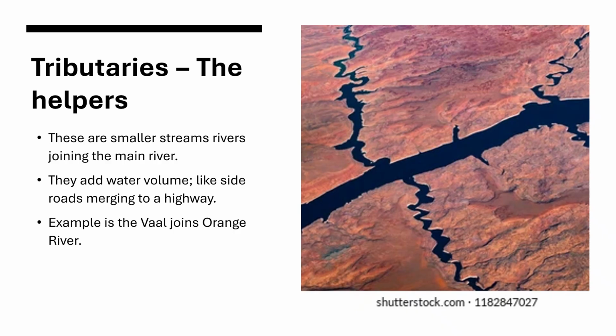In South Africa, the Vaal River is a tributary that makes the Orange River stronger for irrigation downstream. Which means the Vaal River adds water volume to the Orange River, which enhances what? Irrigation. So let's proceed to our next feature.